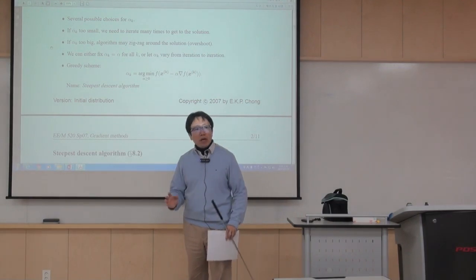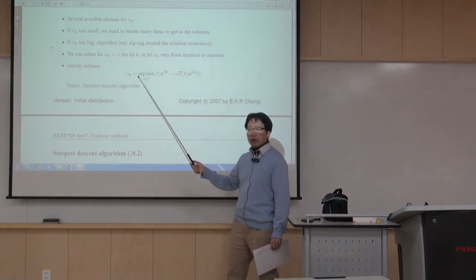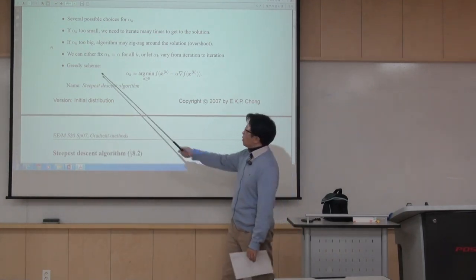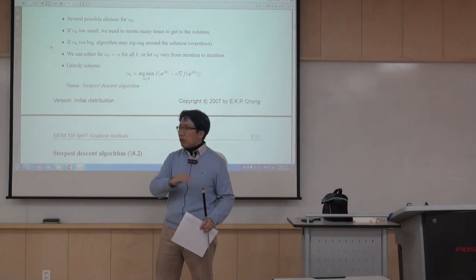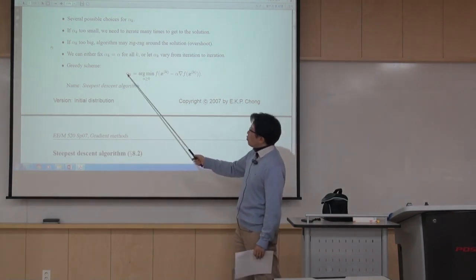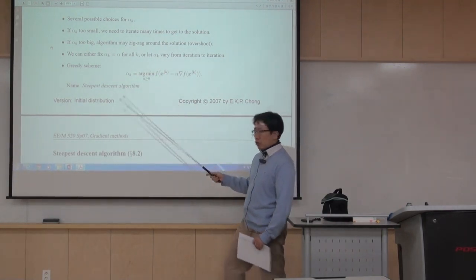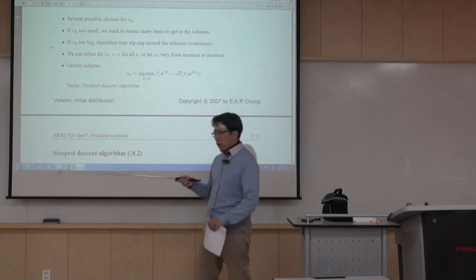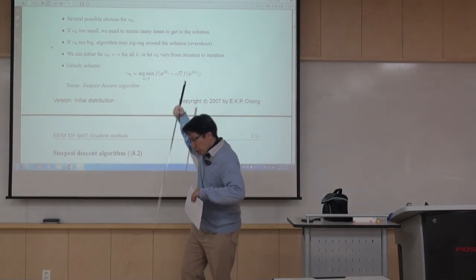But anyway, what is good is this. There is a very simple way to have a kind of locally best algorithm. See this, this is greedy, because you do local optimization. Greedy means local. At each iteration, you choose your step size alpha k that minimizes this function value. So at the kth feasible solution estimate, you find the negative gradient direction, and you find the step size that gives you the minimum along it.